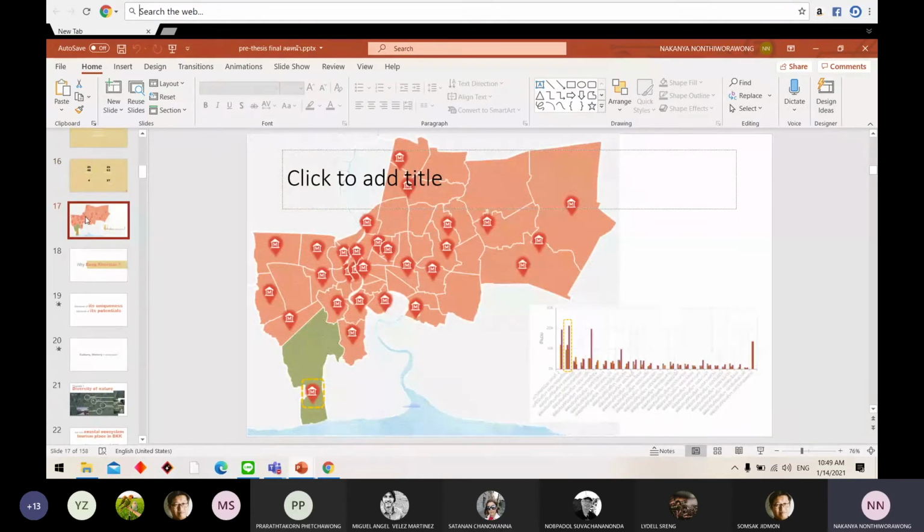The district that I chose is Bang Khun Thian because there are 2 or 3 important points about this local museum. The first one is that the local museum of Bang Khun Thian is one of the first 4 local museums that Bangkok set up. So I looked up why they set up 4 museums in 4 districts.